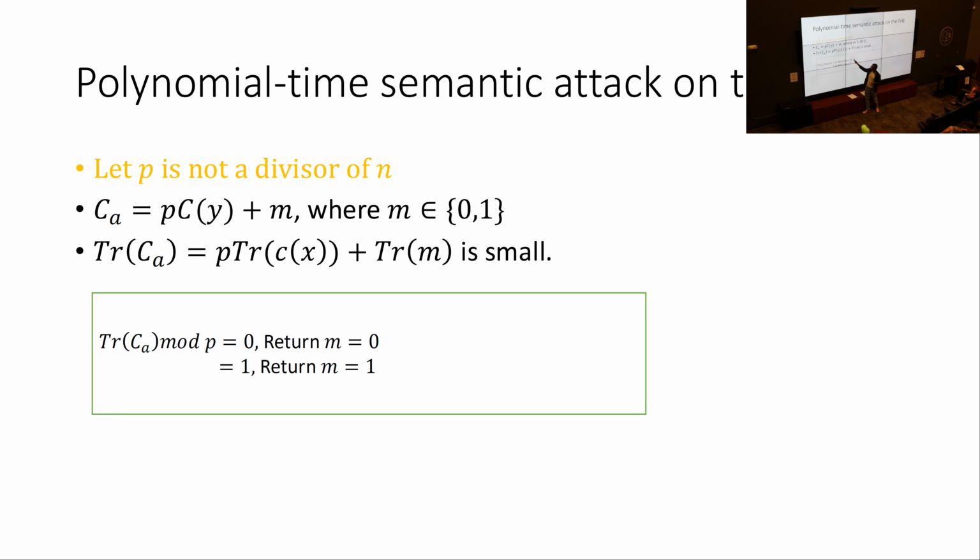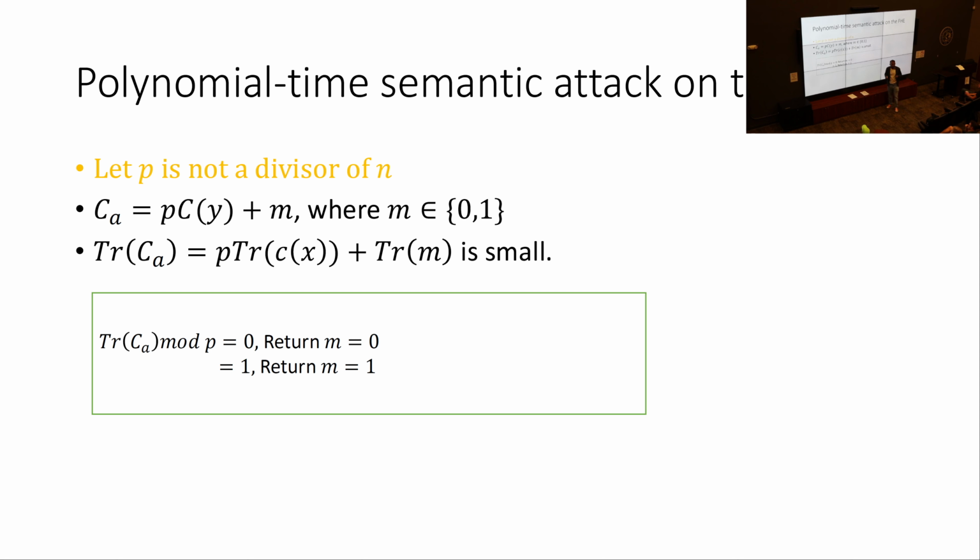The trace of 1 is n and the trace of 0 is 0. So if you do this mod p, and since p is not a divisor of n, you get the 0 or 1 that was encrypted. So an attacker who does not know the secret key at all, just by getting the ciphertext, can find whether the message was 0 or 1, and that breaks the semantic security of the FHE scheme.